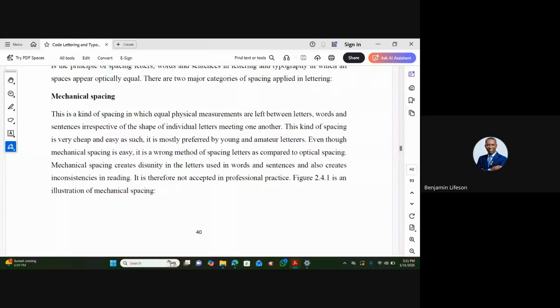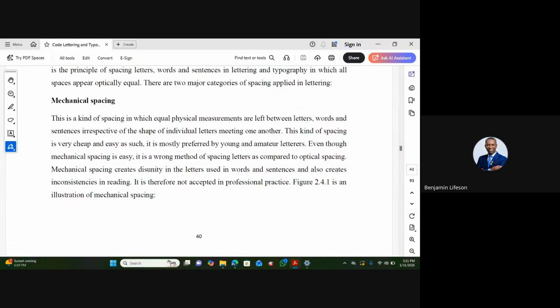So the mechanical spacing, what is mechanical spacing? This is a kind of spacing in which equal physical measurements are left between letters, words, and sentences, irrespective of the shape of individual letters meeting one another. This kind of spacing is very cheap and easy as such.